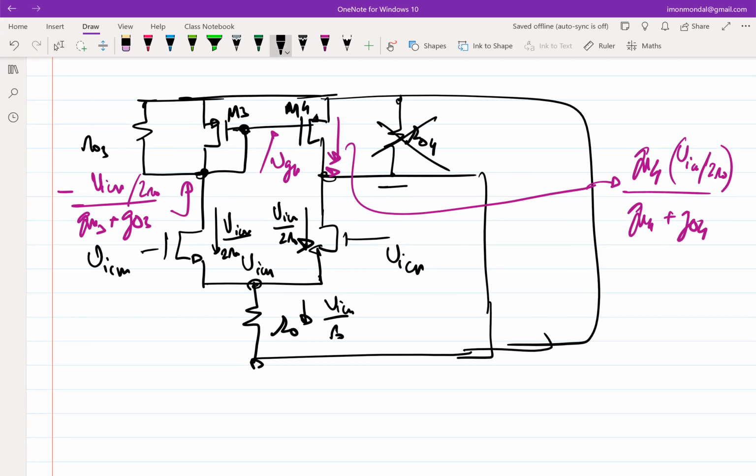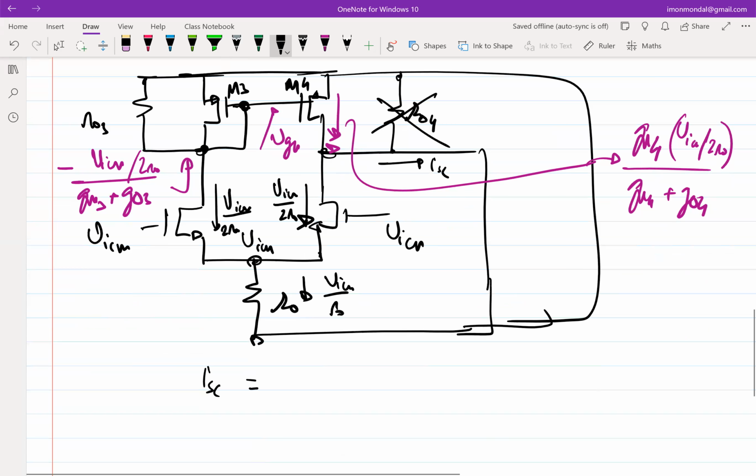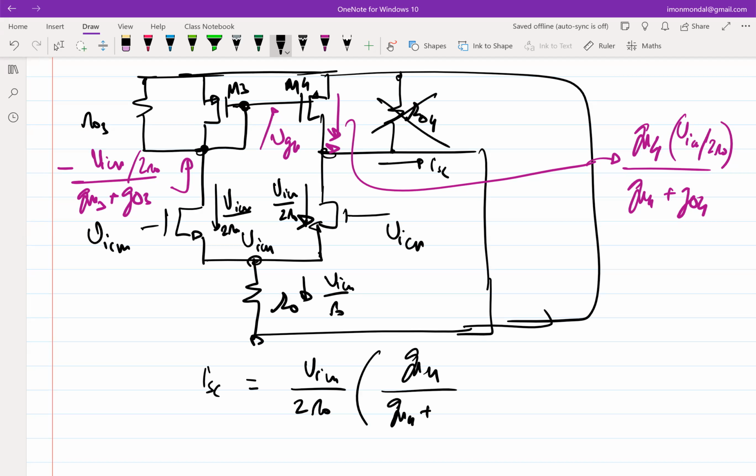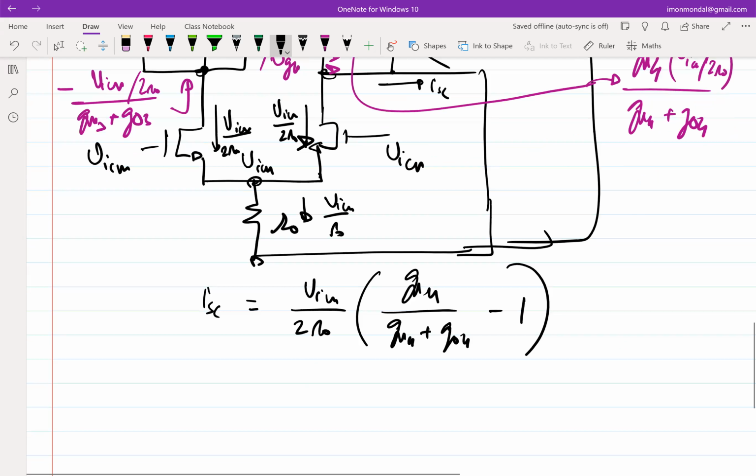So then what will be the ISC? ISC will be the difference of the one that is getting dragged out and the one that is getting pushed in, right? So this is essentially VICM by 2 R0, which I can take within brackets, GM4 by GM4 plus G04 minus 1, right?